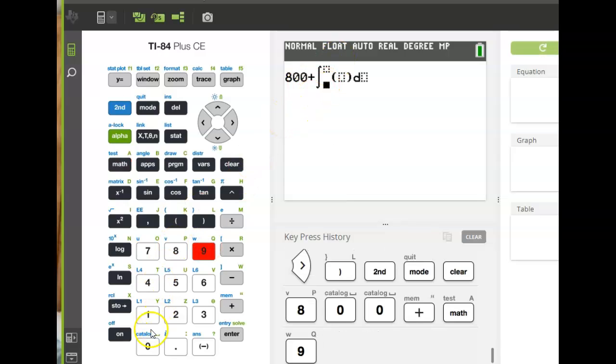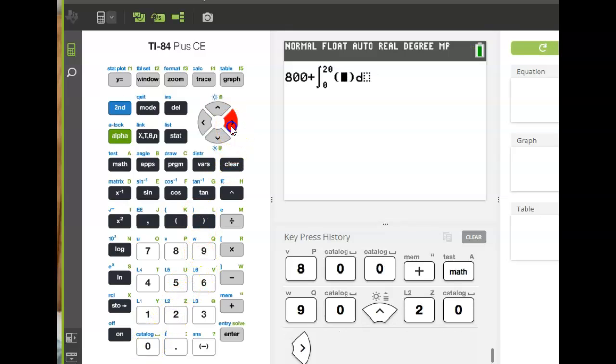And that'll give us the integral from 0 to 20. Now, technically, you could have just typed the equation in right here, right? But the reason why I showed you that is when we get to free response questions, you're going to keep using this function over and over again, and you don't want to type it in incorrectly, or you want to use the same function for multiple pieces.